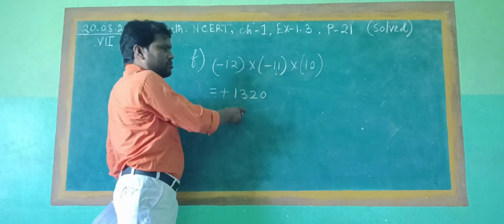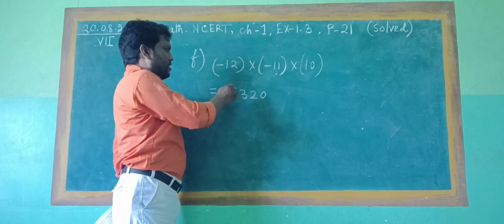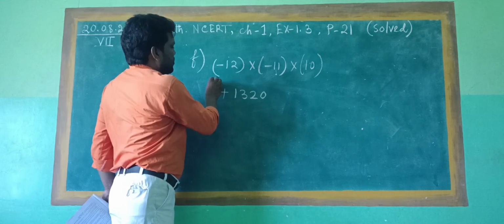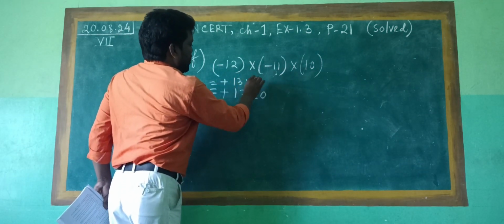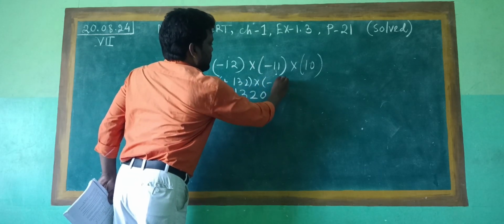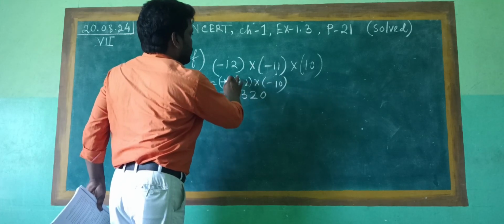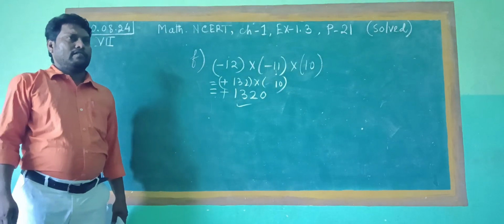You may use two steps or three steps; it will also be accepted. Suppose at first you do plus 132 into minus 10, then no, plus 10. Then you will get this number.